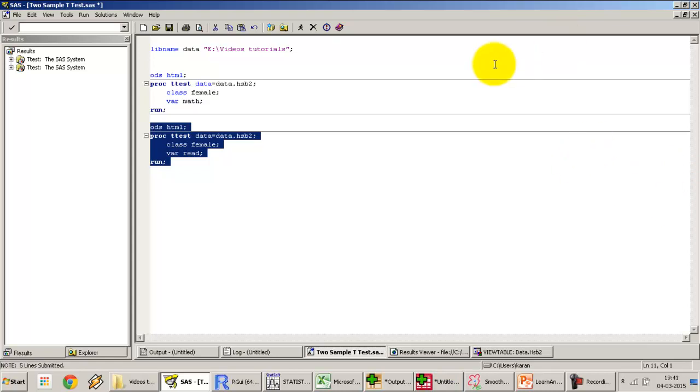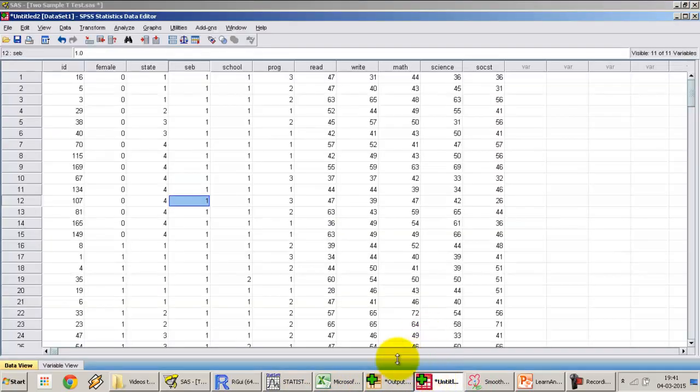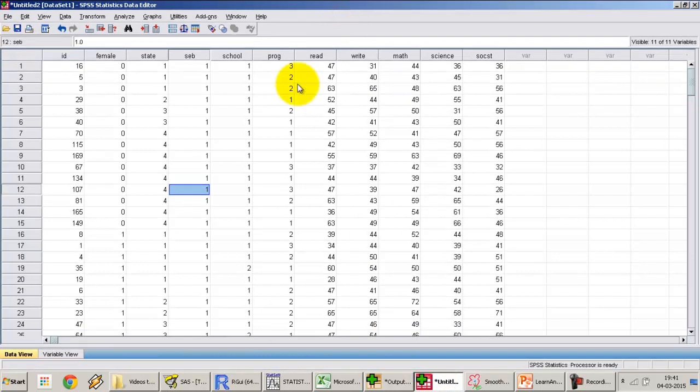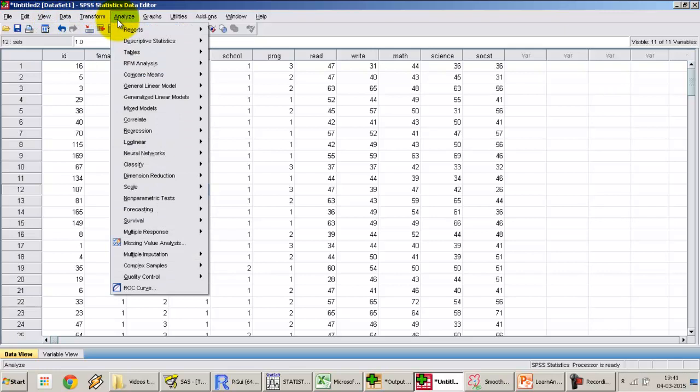Let's move on to other tools now. Same data set. I want to test the impact of gender on the math score, and we're going to do it on SPSS now. So I've got the SPSS window open now. To do a two sample t-test, I need to go to analyze, and let's go to the compare means option over here.